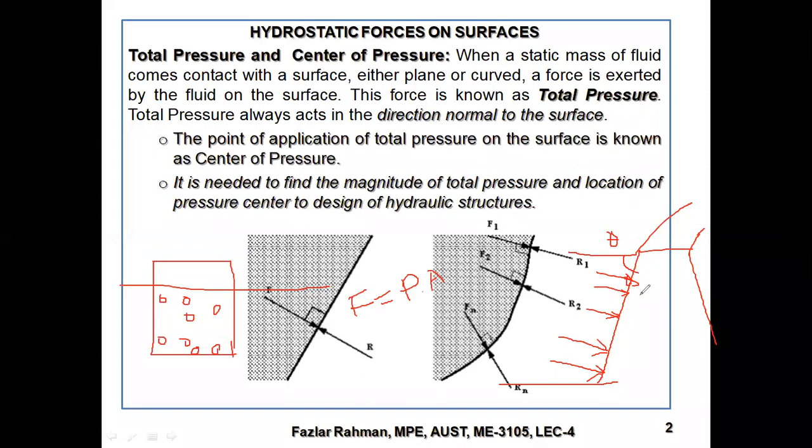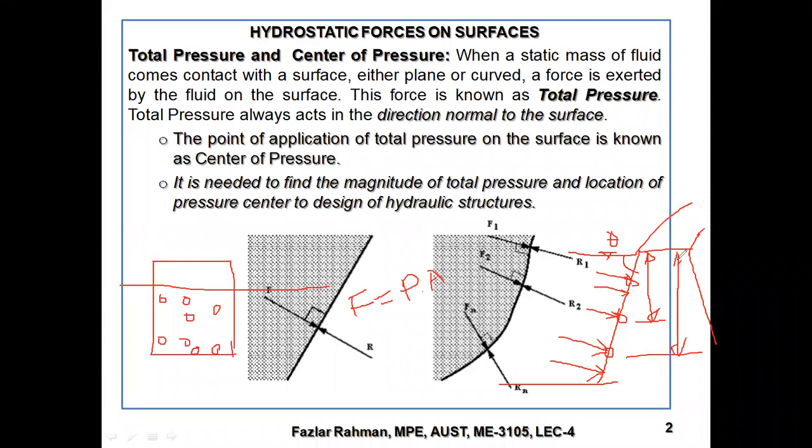It will depend on the points I take. If, for example, this is the free surface, that means this much height of water, then depending on this height, the pressure at this point will vary. Similarly, pressure right over here will vary with how much the depth is over here, right? So pressure is not the same everywhere.